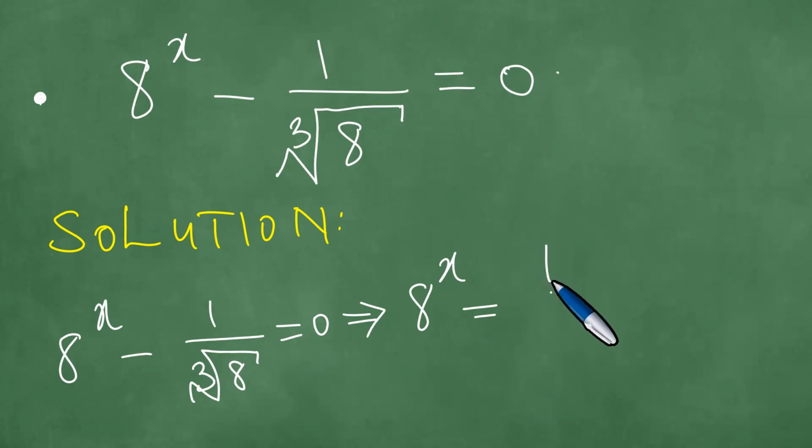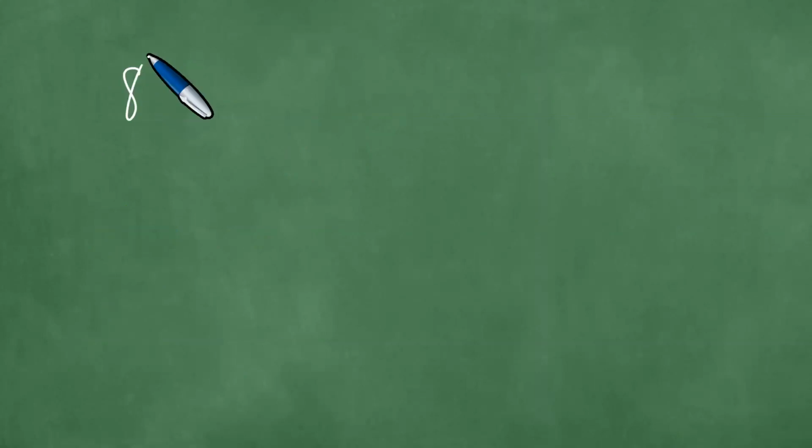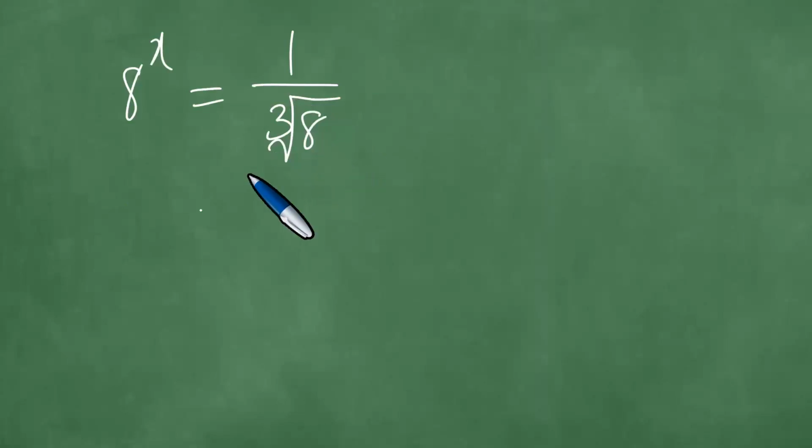If you move it to the other side, it becomes 1 over the cube root of 8. So if you have 8 to the power x equals 1 over the cube root of 8, what is the cube root of 8?